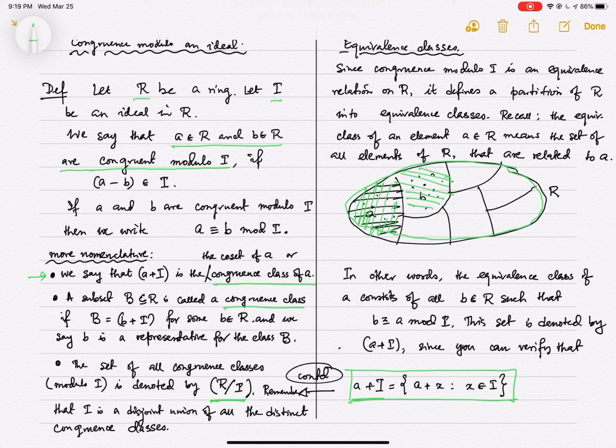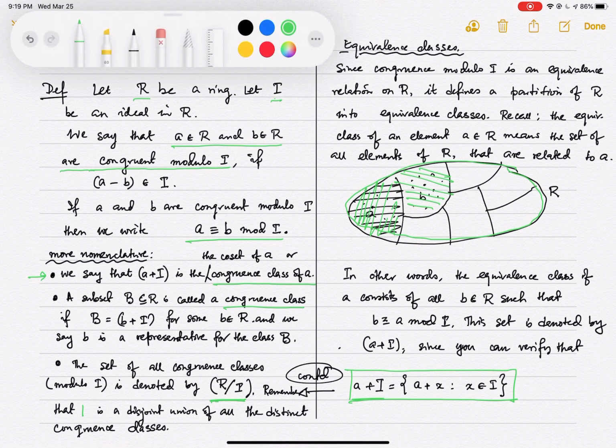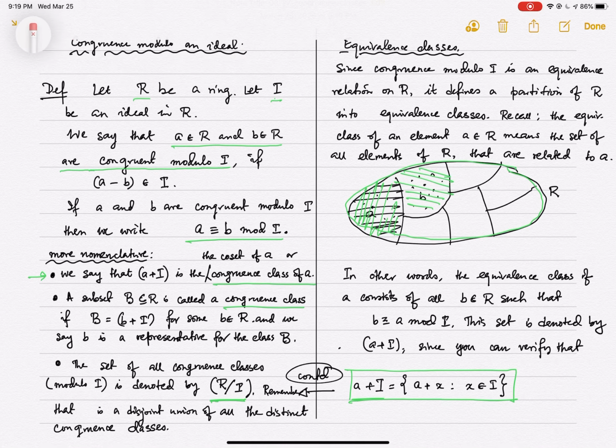And since again this is an equivalence relation, A congruent to B mod I, the set R is a disjoint union of the distinct congruence classes. Sorry, I shouldn't have said I here, that's a typo. So next we'll redo the example that we have seen before already, the example of Z mod N.